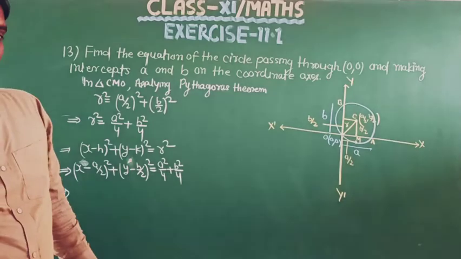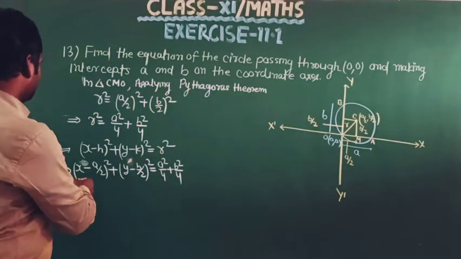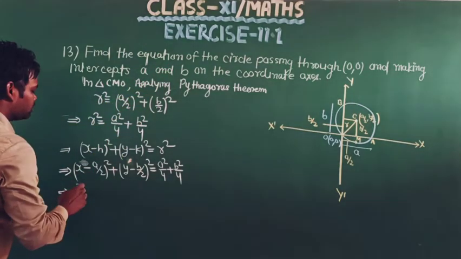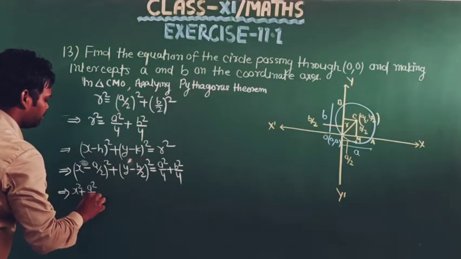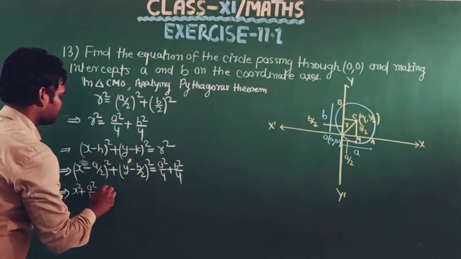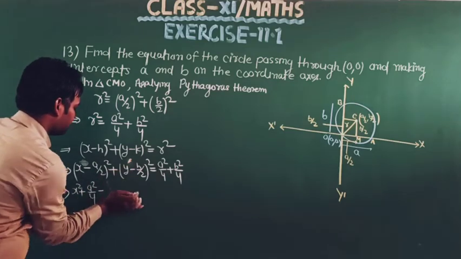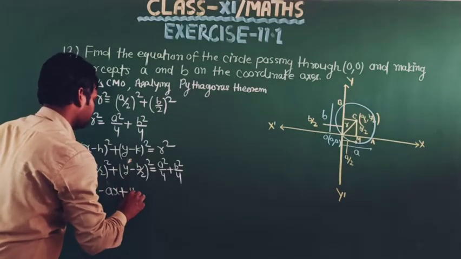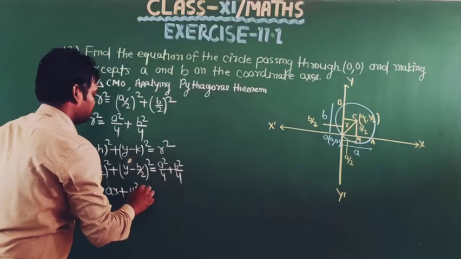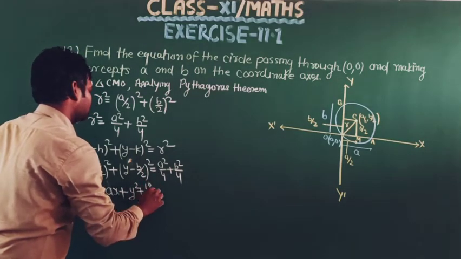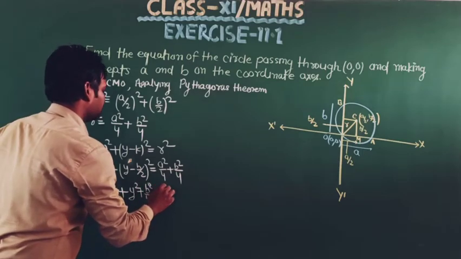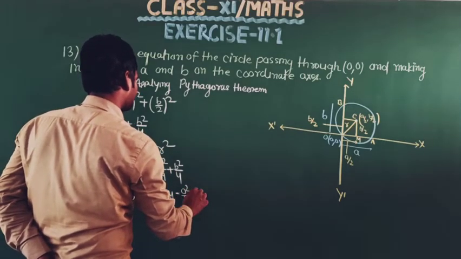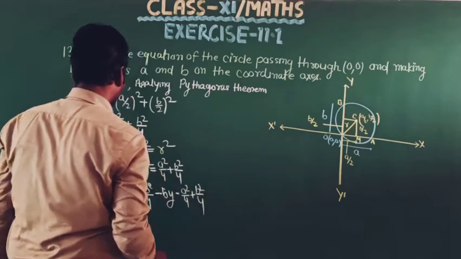Again we have to simplify this expression. So this will be x square plus A square by 4 minus Ax, plus y square plus B square by 4 minus By, equal to A square by 4 plus B square by 4.